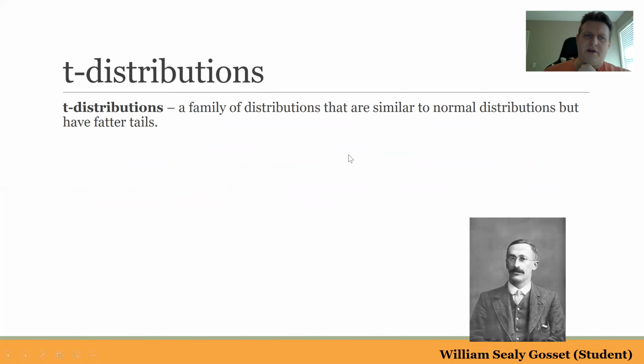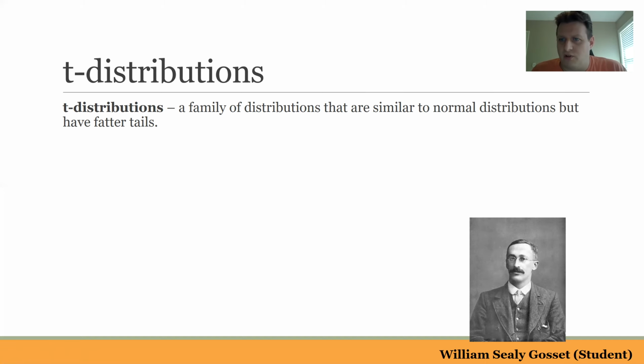So first thing that we're going to talk about are the t-distributions. So first, a little bit of a cool story. So how were the t-distributions discovered or created? Well, there was a famous head brewer of Guinness, a man by the name of William Sealy Gosset. And Gosset was very interested in statistics.